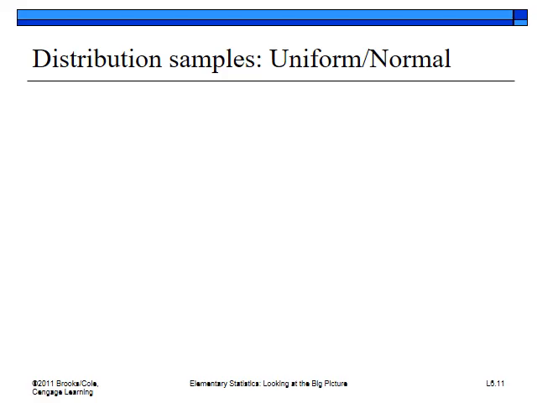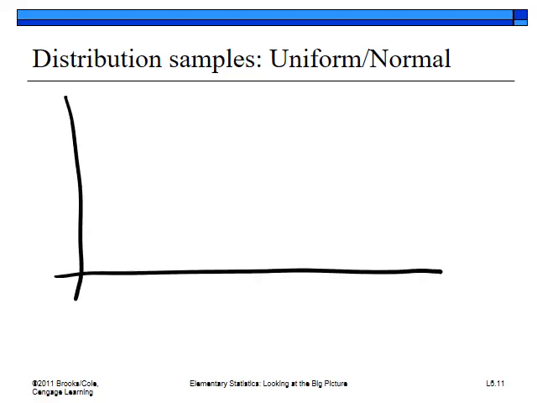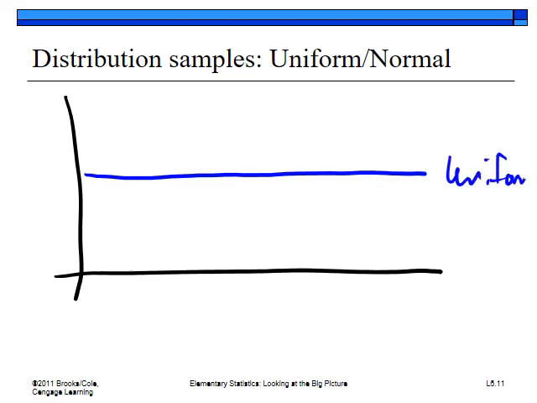Two more shapes to talk about. A uniform distribution is one that has no peaks, no tails. It's just roughly a horizontal line. In a uniform distribution, every value occurs approximately with the same frequency.